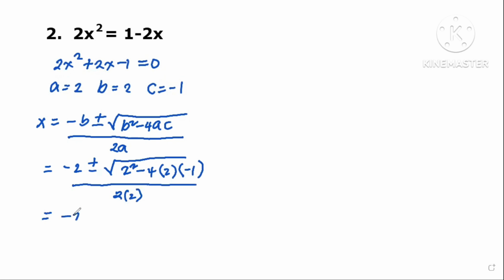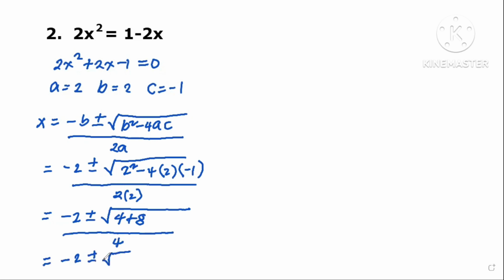Simplifying further, we have negative 2 plus minus, 2 squared is equal to 4. Negative 4 times 2 times negative 1 is positive 8, over 2 times 2 is 4. So this is now equal to negative 2 plus minus square root of 12 over 4.